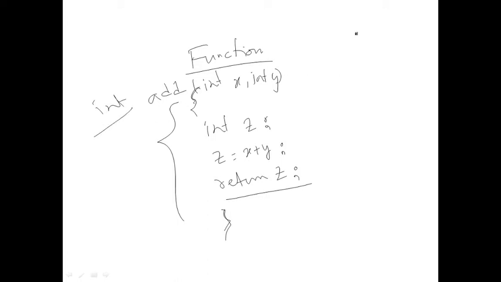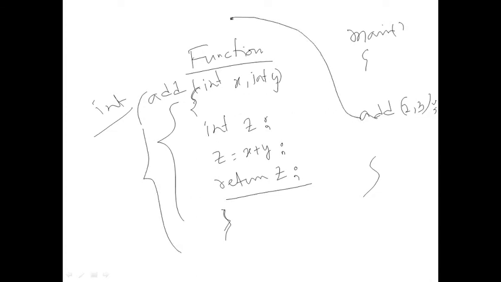Suppose we have another function called main. From main we will call the add function when we want to add two integers, suppose 2 and 3. In this case the addition will not be performed in main; rather it will be performed outside main, where we grouped the instructions which will perform this addition task.